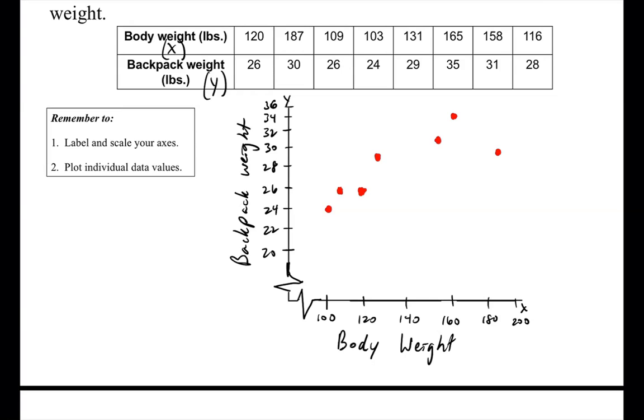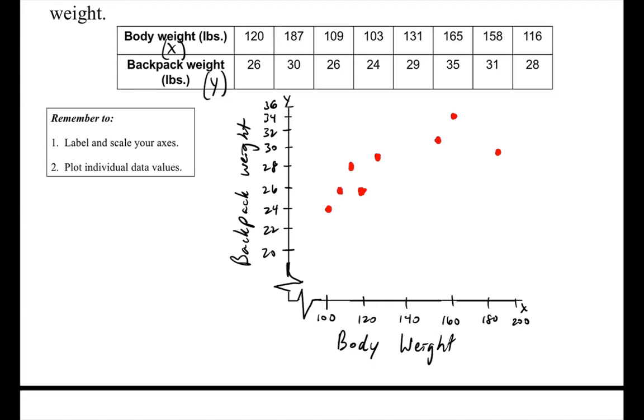And 116 and 28. So you should have 8 dots when you're done. If you've scaled it correctly, and if you put the dots correctly, you should get a picture.